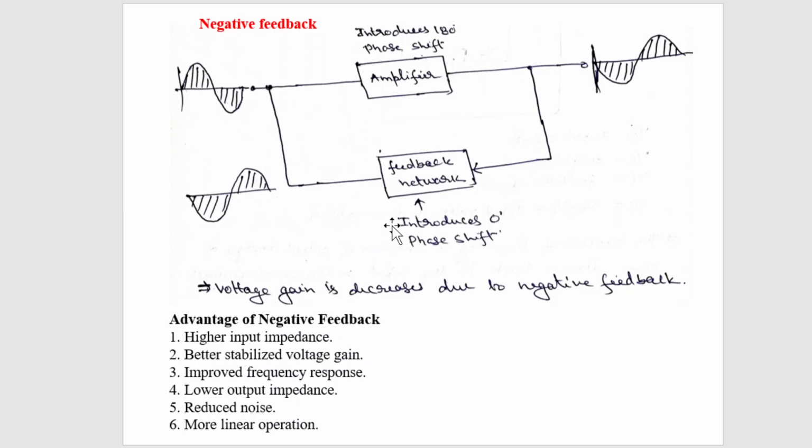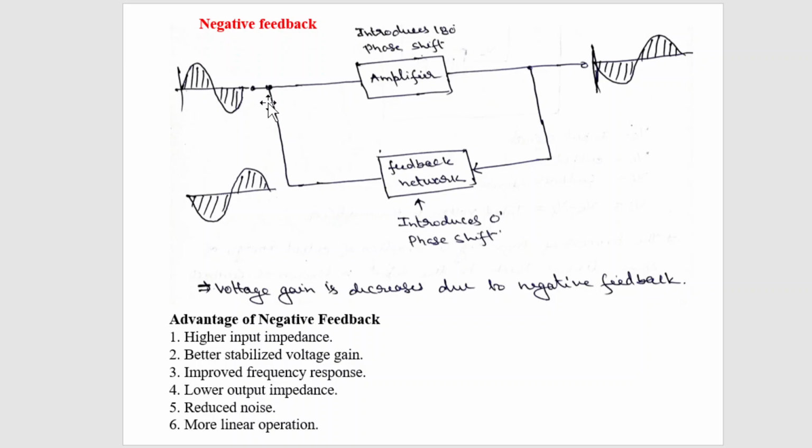Apart from that, it gives better stabilized voltage gain. Whatever voltage gain we are getting will be very well stabilized. And because of this, we are getting an improved frequency response by using negative feedback in an amplifier circuit.